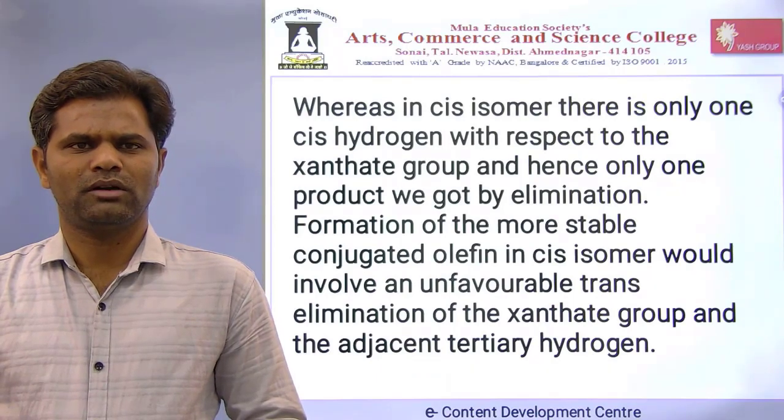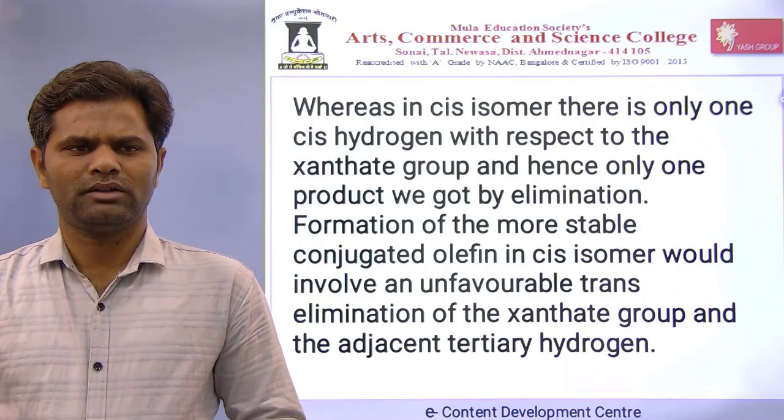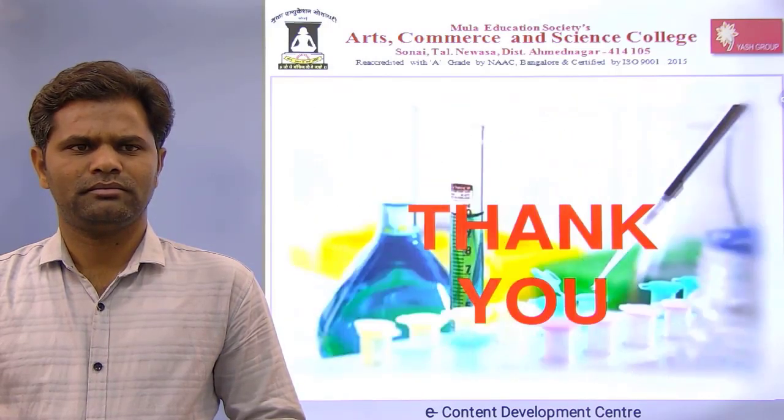Whereas in cis isomer there is only one cis hydrogen with respect to the xanthate group, and hence only one product we get by elimination. Formation of the more stable conjugated olefin in cis isomer would involve an unfavorable trans elimination of the xanthate group and the adjacent tertiary hydrogen. Thank you.